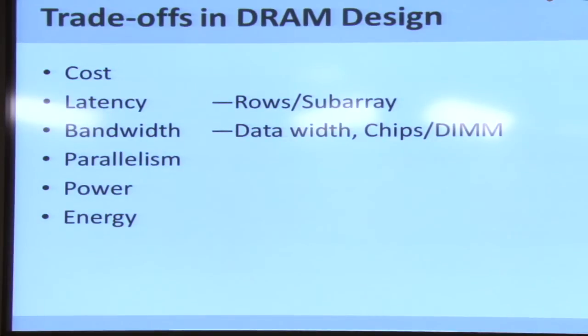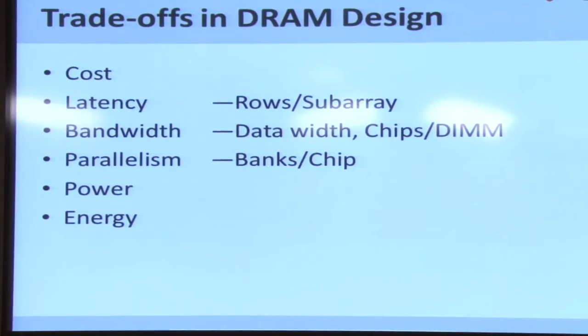Number of banks within each chip. Okay. So in this particular picture, in the DRAM chip picture that I showed, we had 8 banks, which means I must potentially be able to activate 8 different rows within 8 of those banks, right? Which means I can parallelize 8 different requests simultaneously.